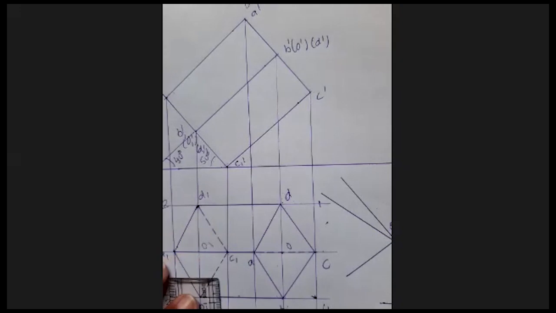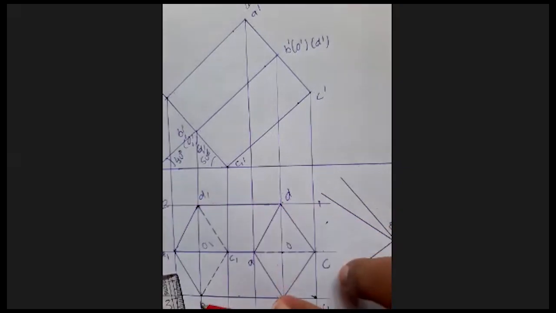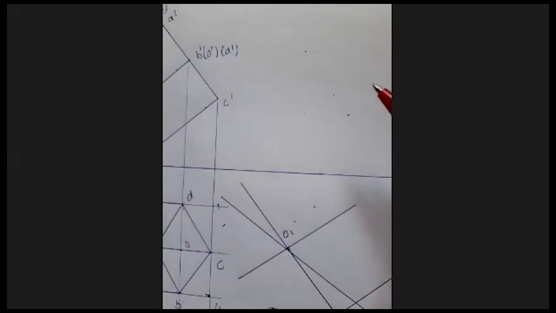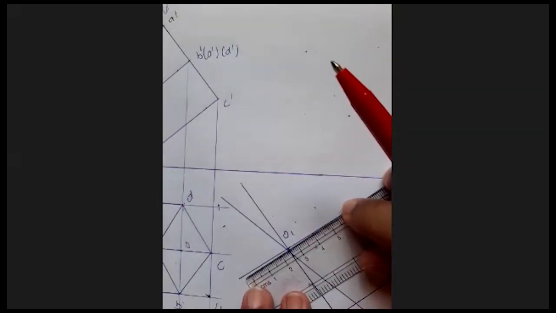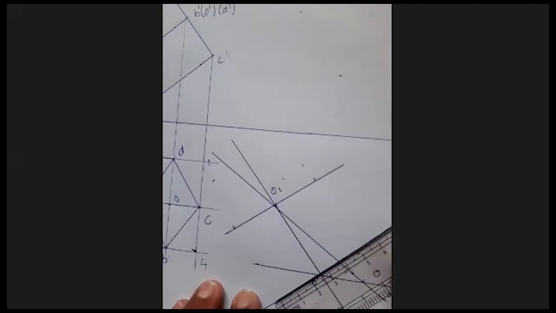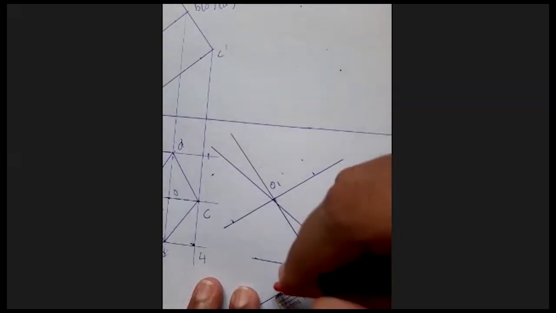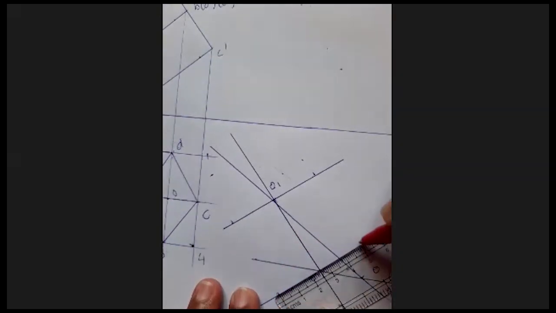So at a very instance, I can find out point D, D1, B1 and B on these lines. From O1 it is 25 mm here and 25 mm on the other side. On the same note, from point O, I have 25 mm here and 25 mm on the other side.